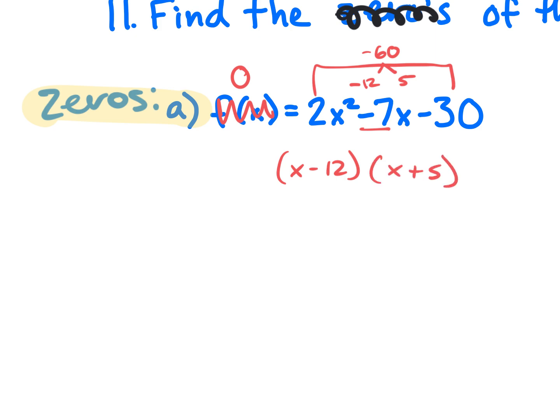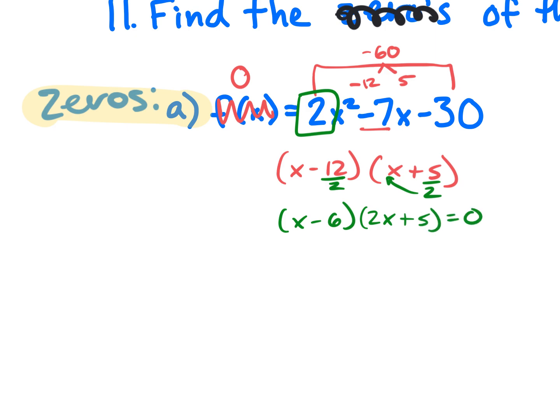What do we have to remember to do? Awesome. If we start by multiplying, we have to divide by the leading coefficient. Simplify if you can, so x minus 6. If you can't simplify, move it in front, so this would be 2x plus 5. What's next?